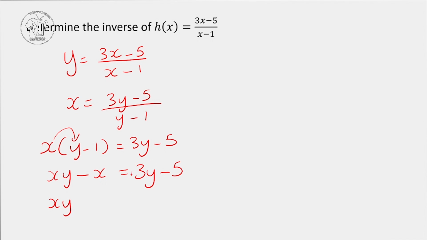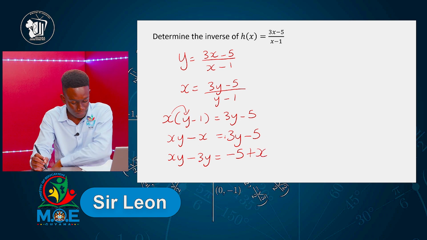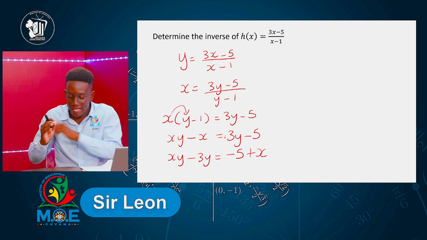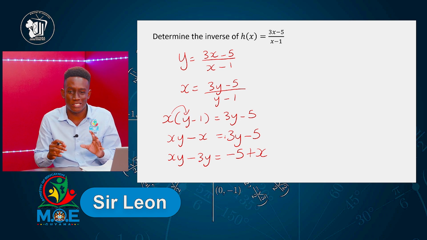It's adding, so we subtract. So xy subtract 3y is equal to, and on this side we're left with negative 5. When we take over this minus x, it becomes plus x. So now we have xy minus 3y is equal to negative 5 plus x.